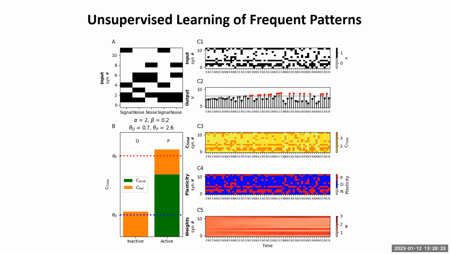W is changing as a function of time. And the time it will take to converge is dependent on the initial W, the strength of the noise, and the frequency of the signal. Correct. So imagine if you have two signals, right? You imagine you have two patterns that are 50%.